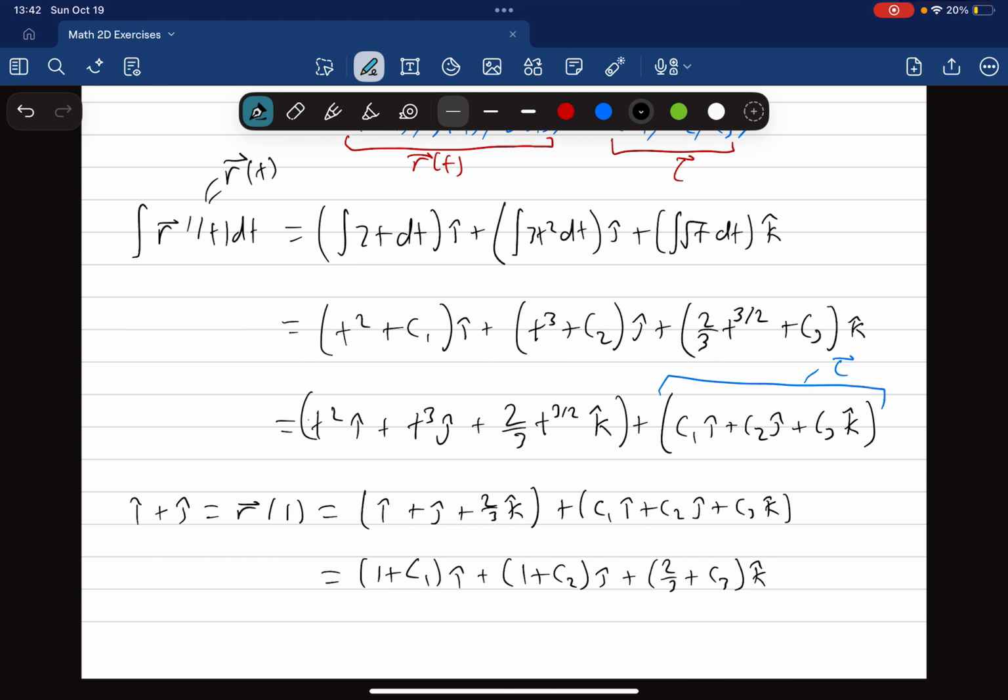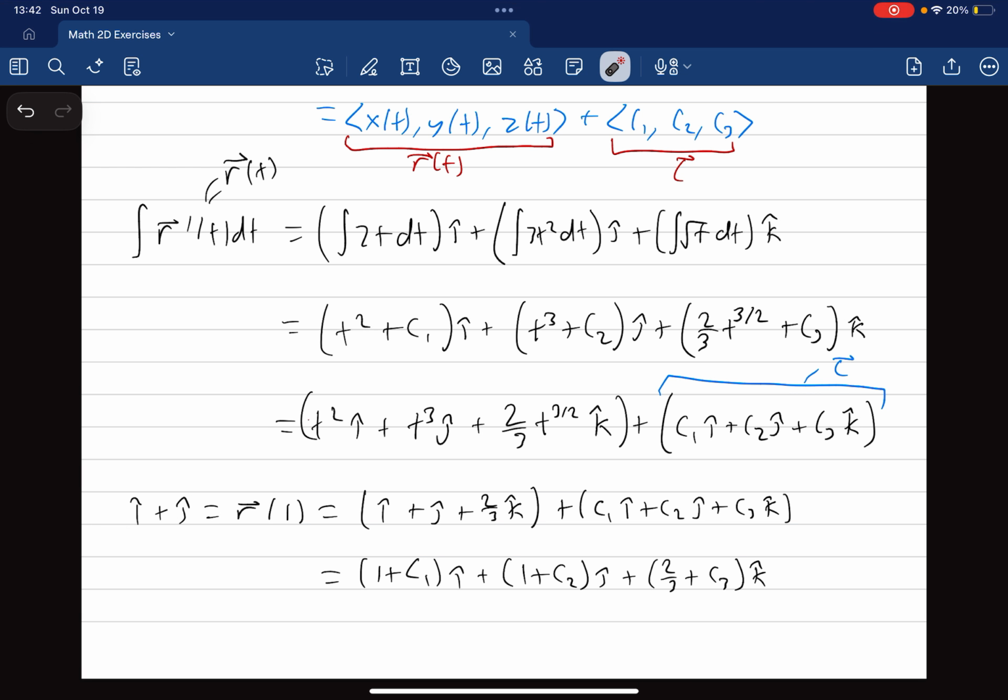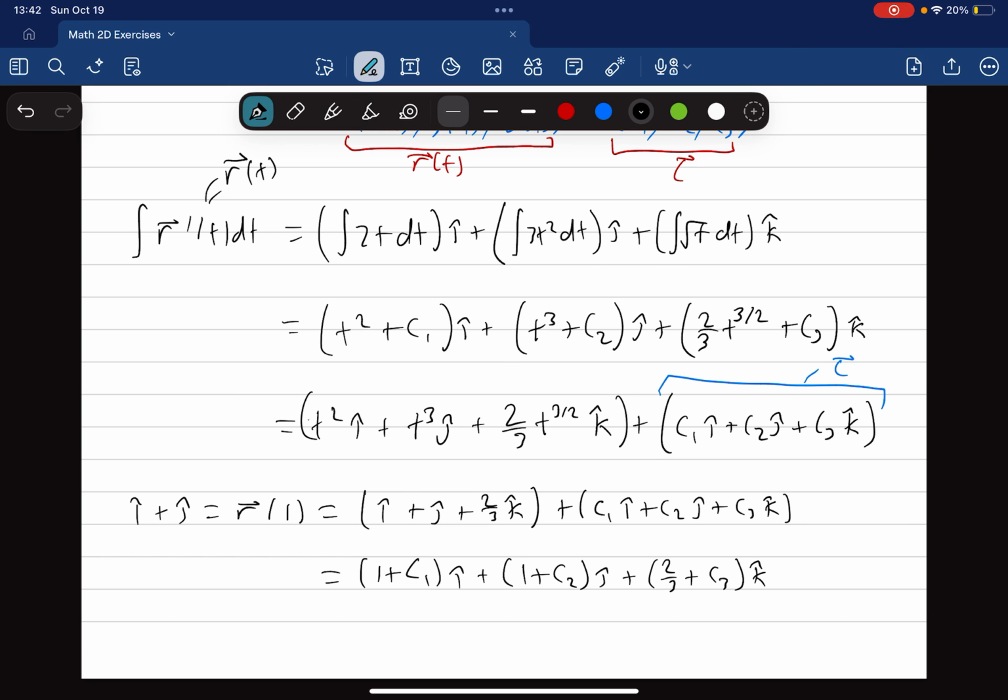Equating coefficients on these two sides, remembering that because there's no k hat on the left, the component for k hat there is just 0, we get the equations 1 equals 1 plus c1 for the i hat components, 1 equals 1 plus c2 for the j hat components, and finally 0 equals 2/3 plus c3 for the k hat component.